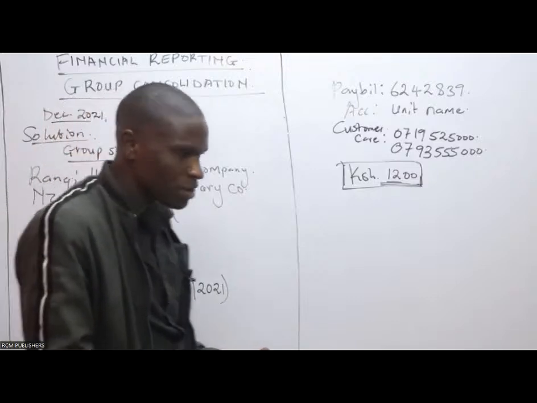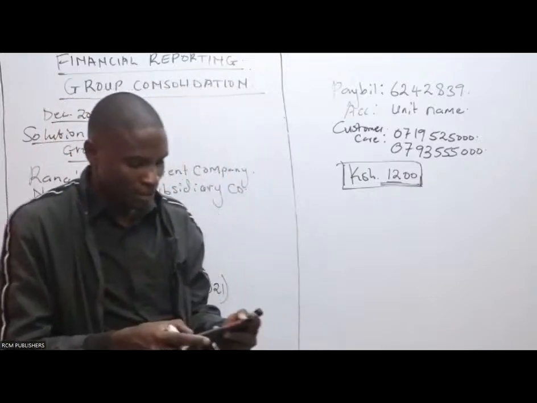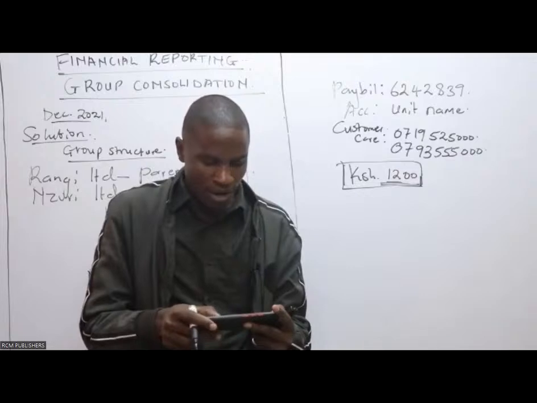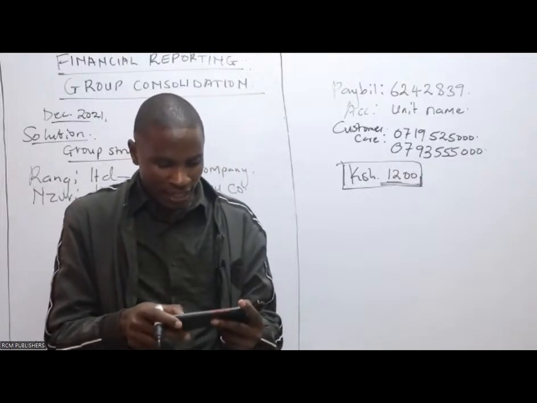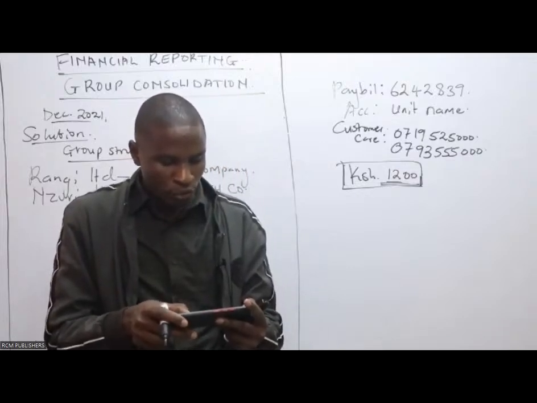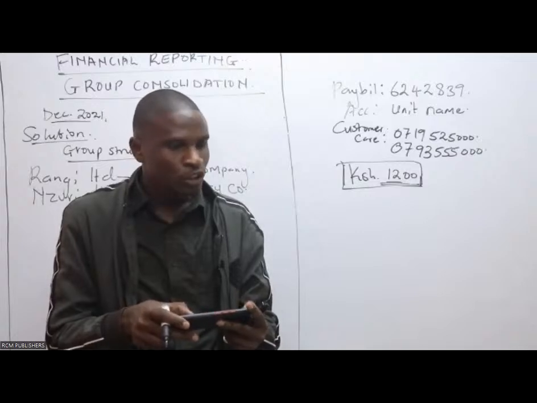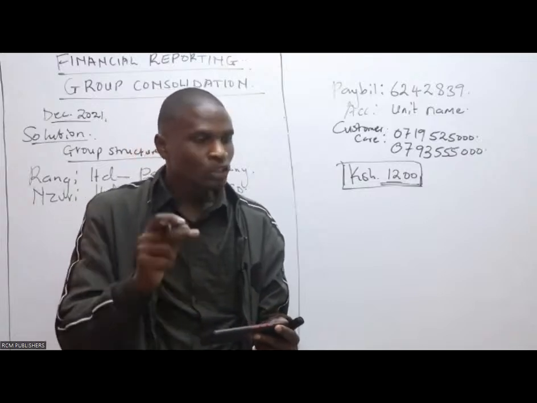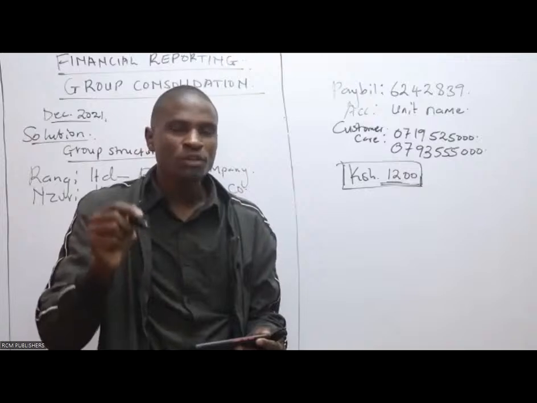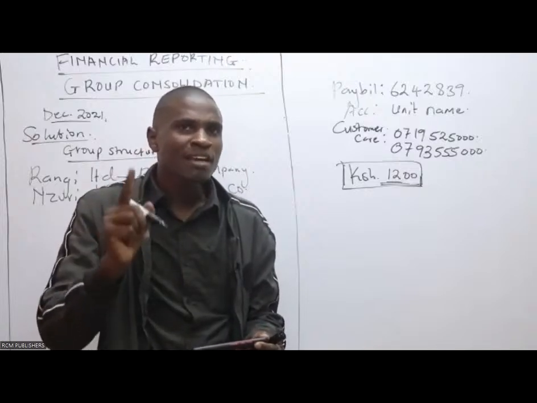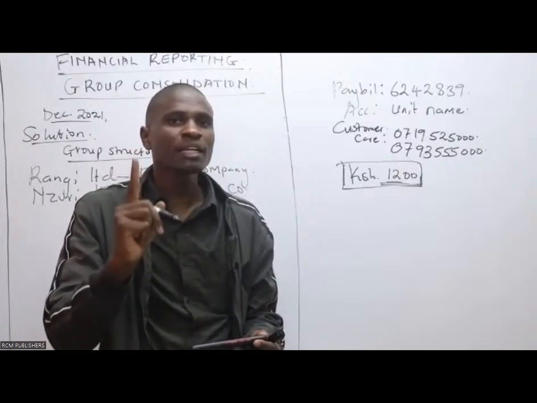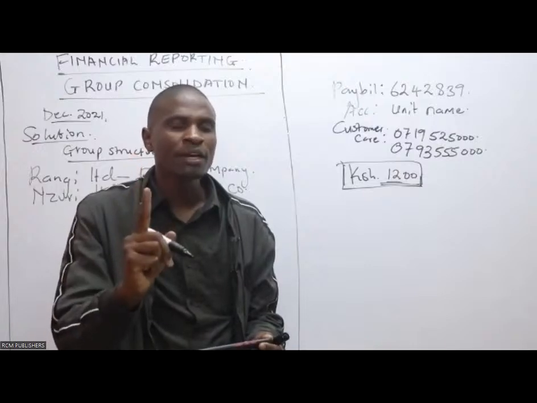2021. That means the financial statement of Langi Limited is heading at which point? You go to the question you are required. We want to know the financial statement of Langi Limited being the parent company.